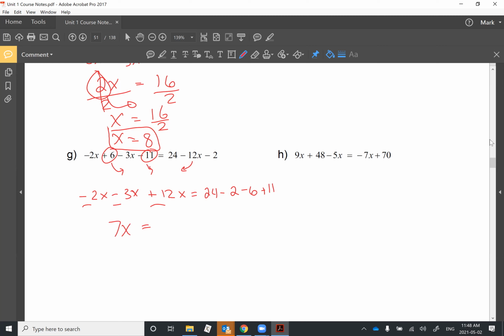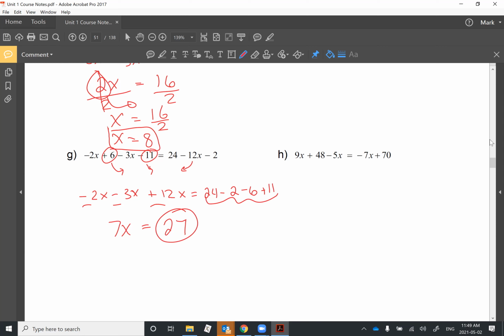Well, this would be 27 here. 24 minus 2 minus 6 would give you a 16, and then you add 11 to get 27. You might want to check your calculator for this if you're getting 17. This is 27.